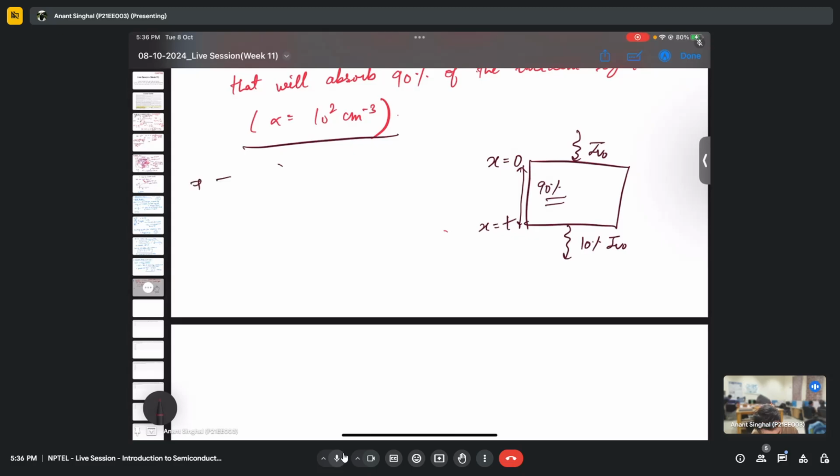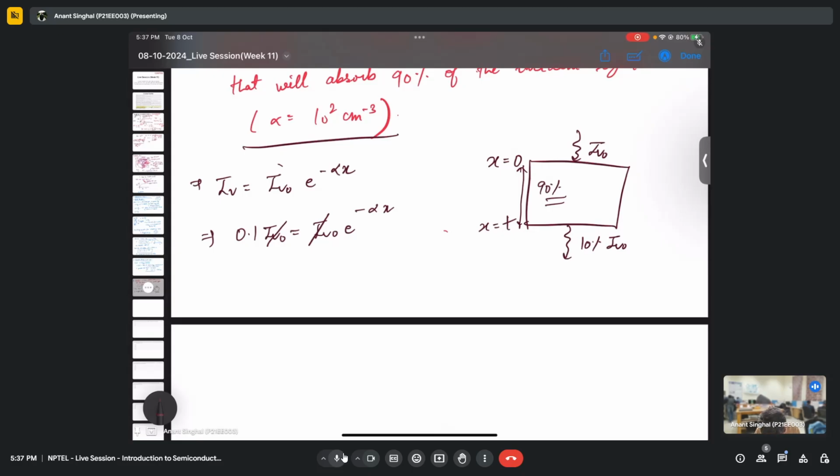So what it is saying is I_ν naught times exponential of minus alpha x. So what I can write is 10% of this I_ν naught, which will be 0.1 I_ν naught, is equal to I_ν naught exponential of minus alpha x, and x is nothing but the thickness. Alpha is given.